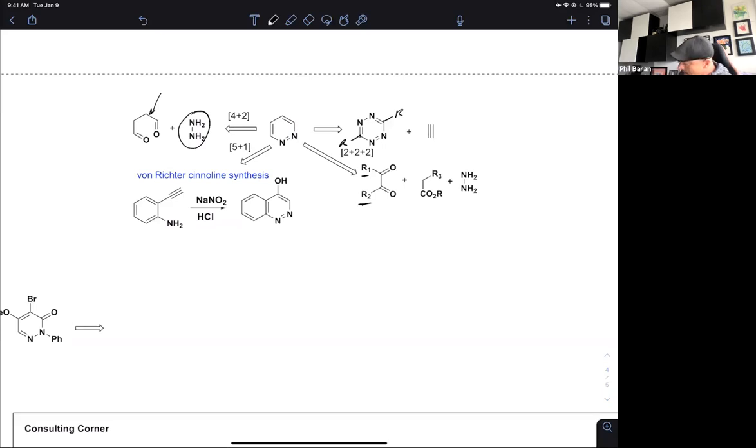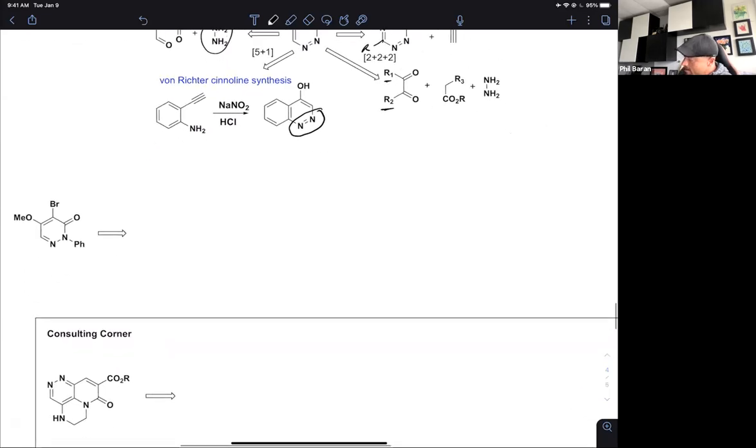But you see this a lot, this type of chemistry. Always remember that when you see the NN bond, you can access it either from hydrazine, but in the case of the aromatic systems, you can also get them from the aniline. Don't forget that. So the aniline can be converted to the hydrazine just by a diazotization. So remember that.